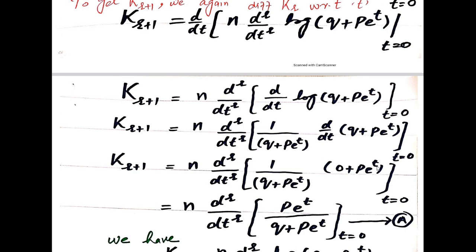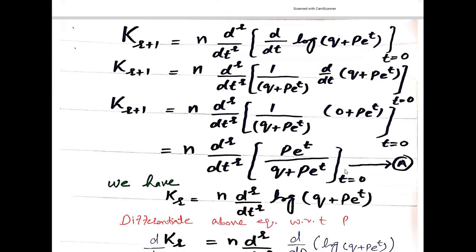So similarly, the derivative of e^t is equal to e^t. So we get pe^t. After simplification, this is equation A. So k_{r+1} is equal to n d^r/dt^r of pe^t over (q + pe^t).